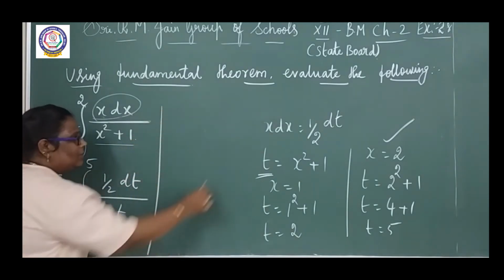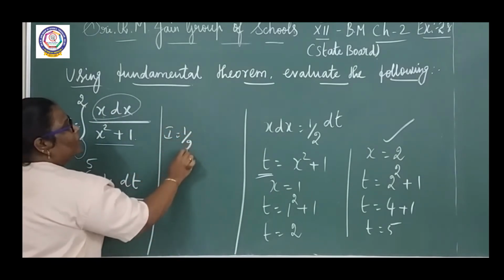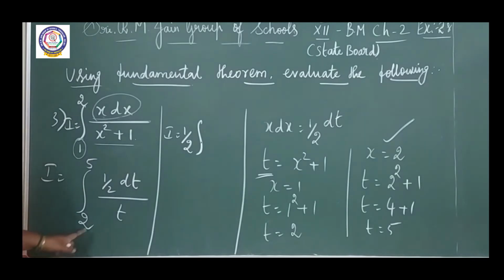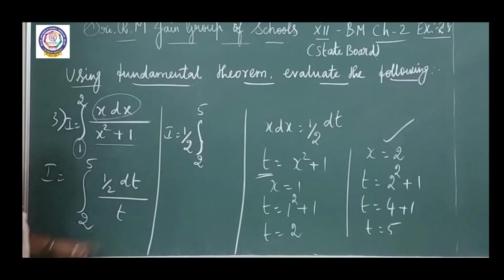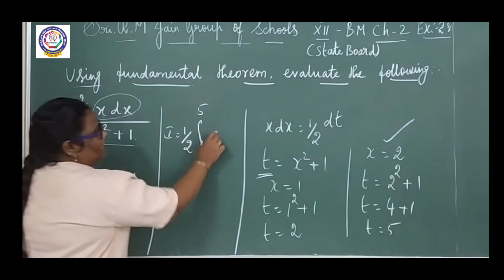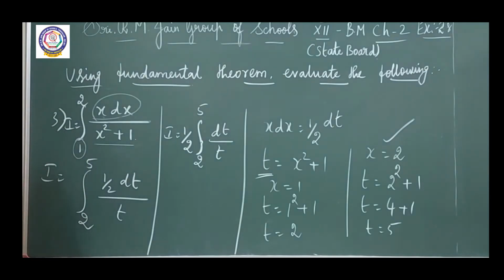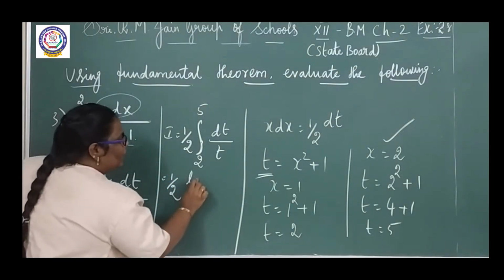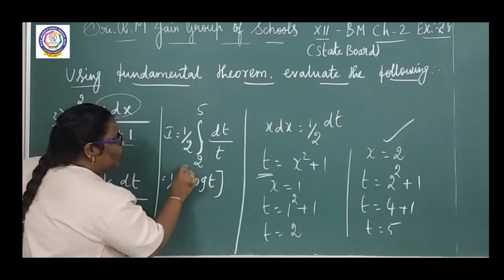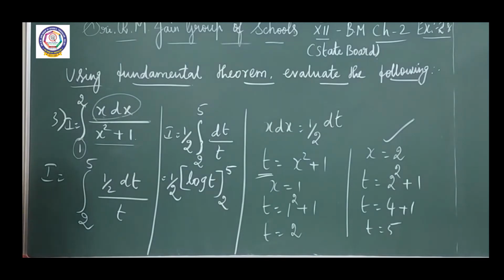So I equal to 1 by 2 into integral 2 to 5 dt by t. You know the formula, integral dx by x is log x. So it gives 1 by 2 log t, with limits 2 to 5.